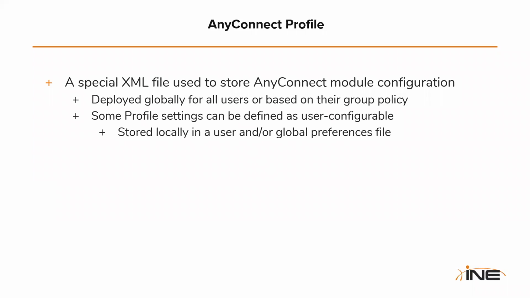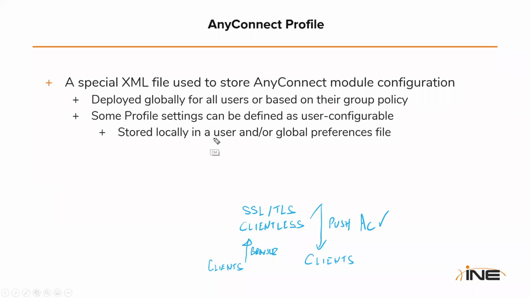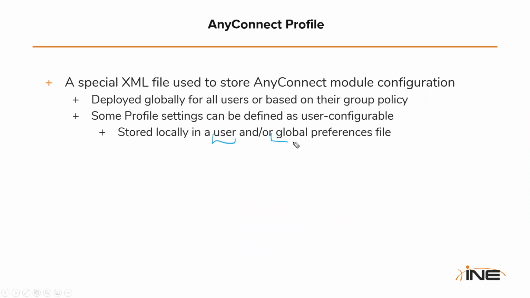There will be actually 2 additional XML files that AnyConnect uses in the background. It's going to be the user and the global preferences files. The user preferences.xml is something that applies to the user itself, versus global, which is what's enforced before someone logs into the PC, to the device.